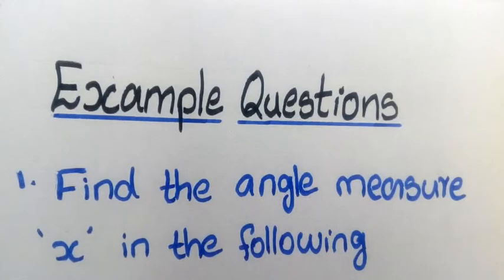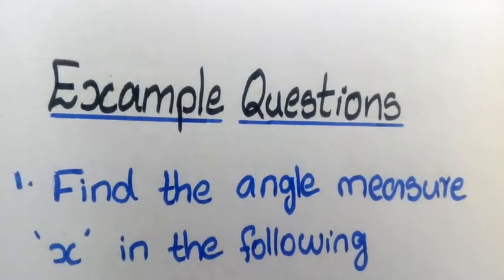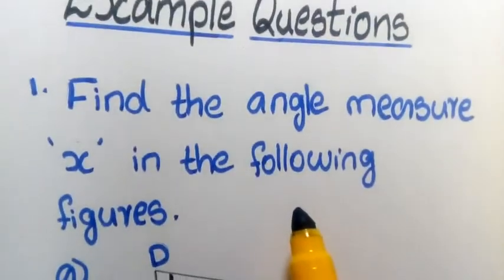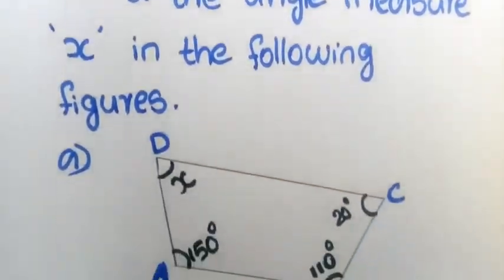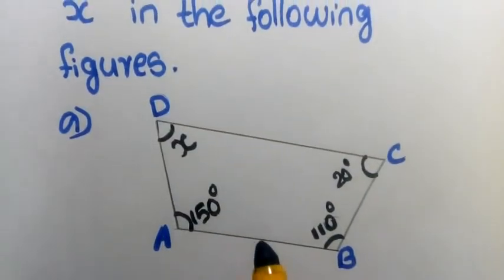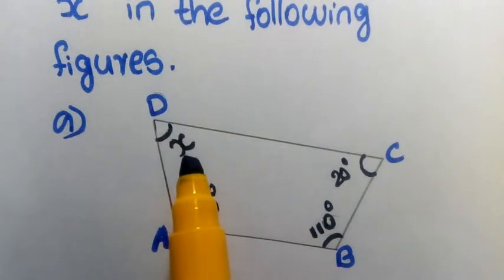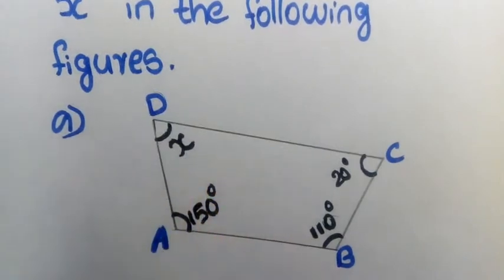Let us discuss some example questions now. First question, find the angle measure x in the following figures. Here we have a quadrilateral ABCD. We need to find the value of x. Let us check the answer.